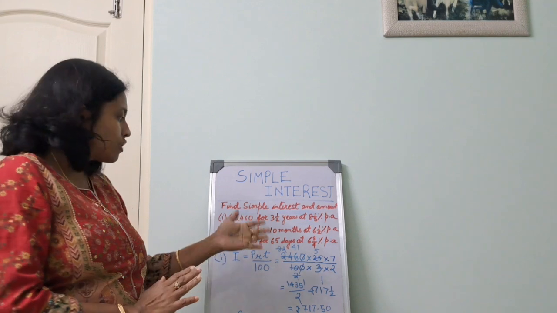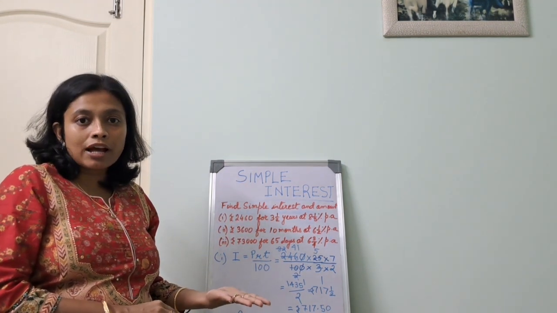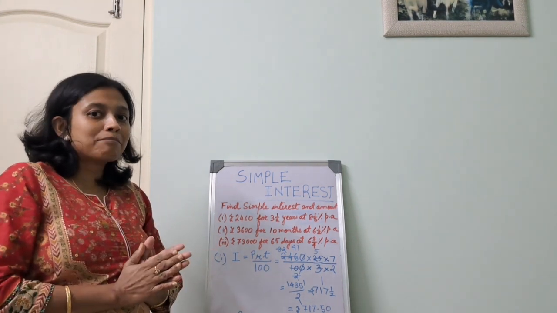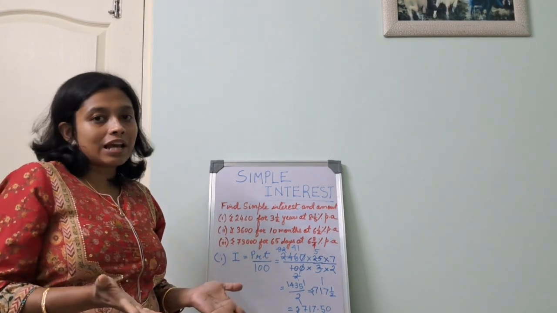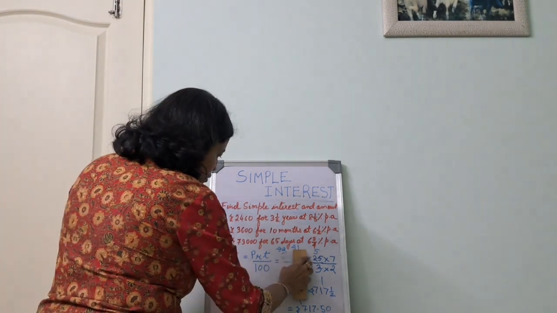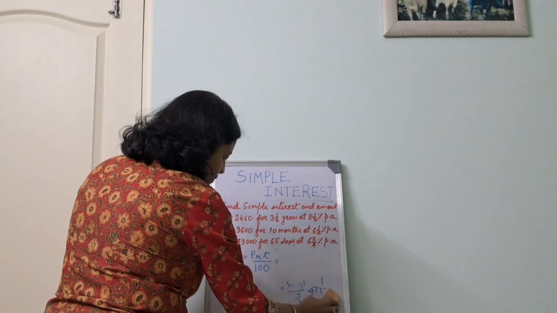So what do we do? We convert 10 months into years. And how do we do that? 12 months is 1 year. So 10 months will be 10 by 12. So let me not erase the entire thing.